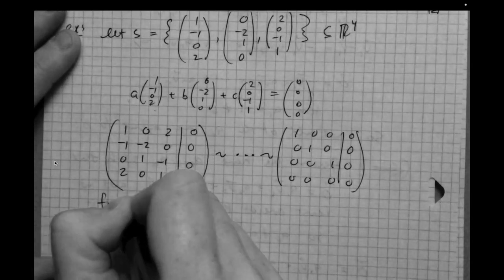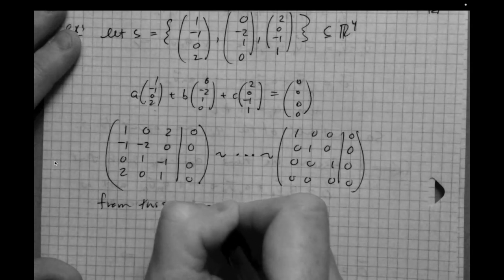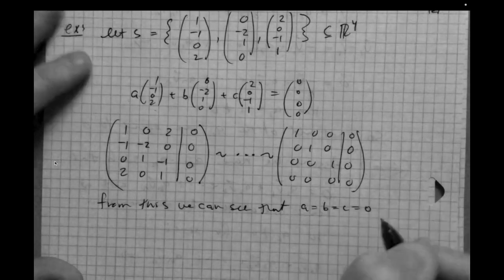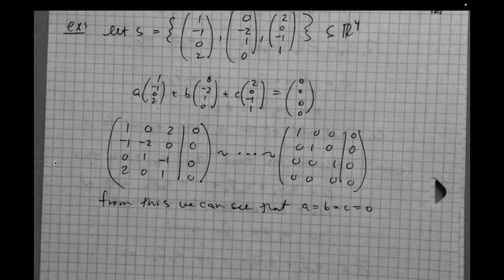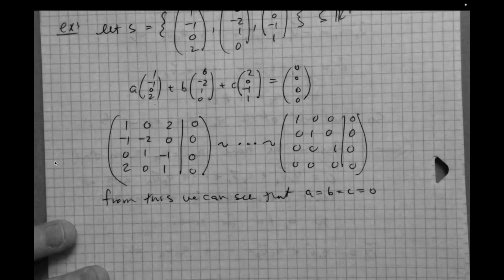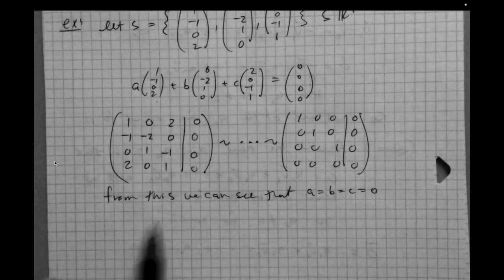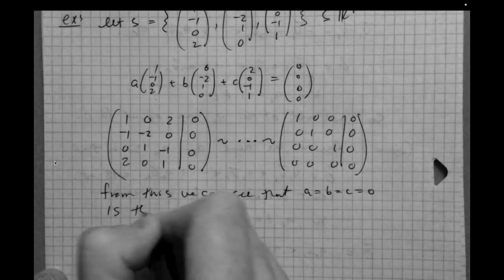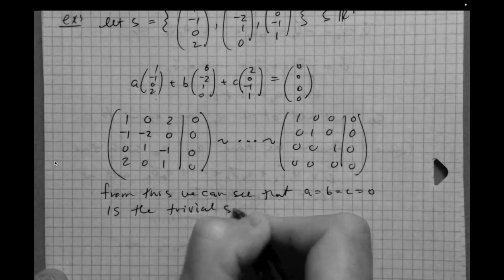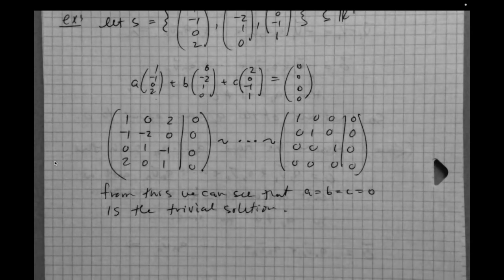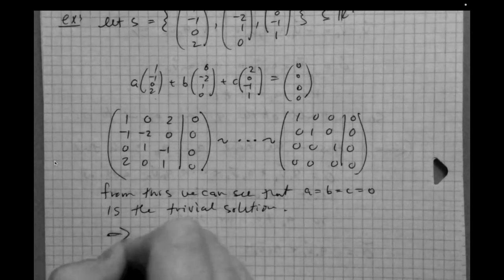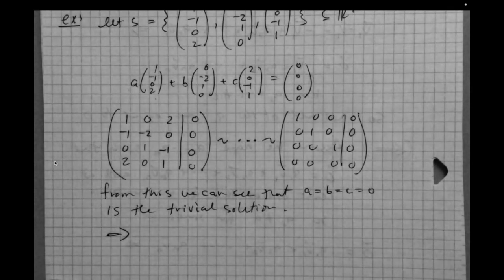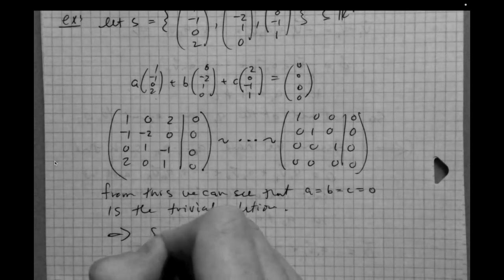Okay, so from this, we can see that A equals B equals C equals 0, and that's the only solution. Remember, this is what we call the trivial solution to this homogeneous system. And it's obviously the only solution, and this implies that all the coefficients in this equation have to be 0, and so S is linearly independent.